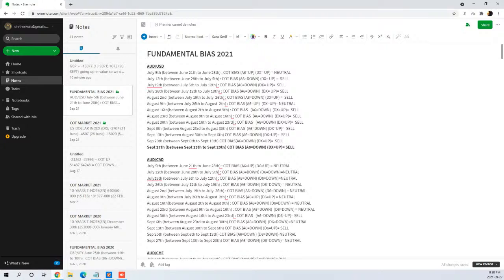Let's say you have a setup for AUD USD for a buy on Enigma, and your fundamental bias is a sell, like you see right now. If you look at the signal, see the entry, and the market structure of the AUD USD makes sense, take the trade.